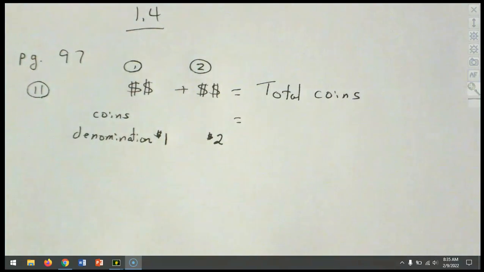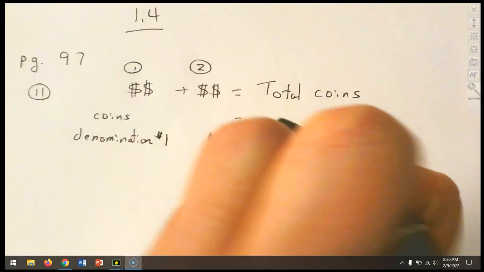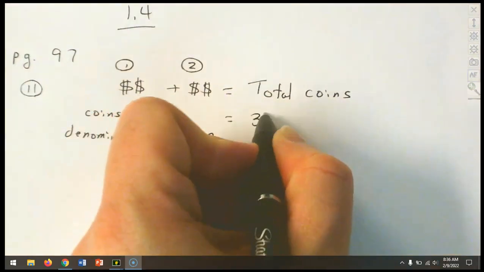And do we have a total number of coins? Yeah, if we read the question, what does it tell us about the number of coins? Well, it says these coins totaled together. We're not looking at the value of the coins. We need to know how many total coins we have, and we have a total of 37 coins.